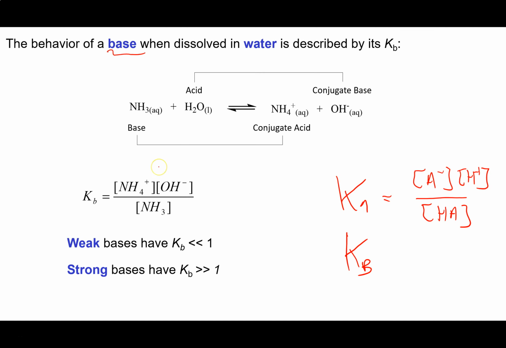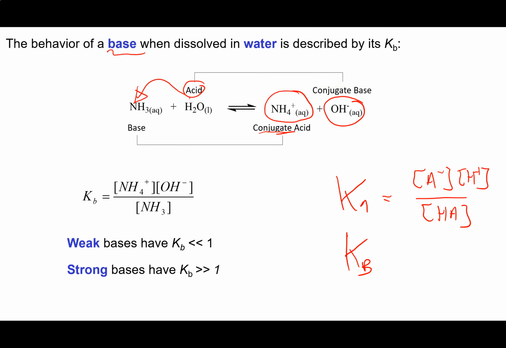So what happens when a base is dissolved in water? The water functions as an acid, donates a proton to the base. This forms a cation, which will be the conjugate acid of our base, and a hydroxide ion, which is the conjugate base of our acid.